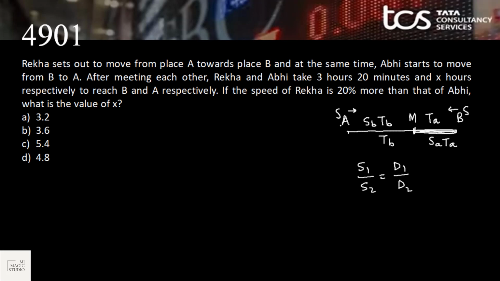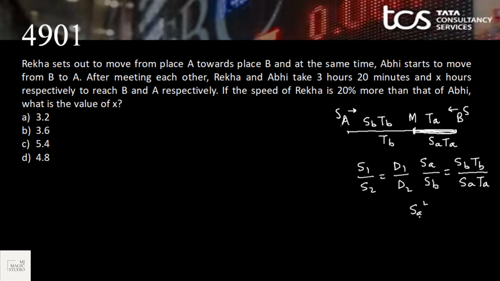So speed of A is SA, speed of B is SB, distance travelled by A, that is D1, is SBTB, and distance travelled by B, that is D2, is SATA.